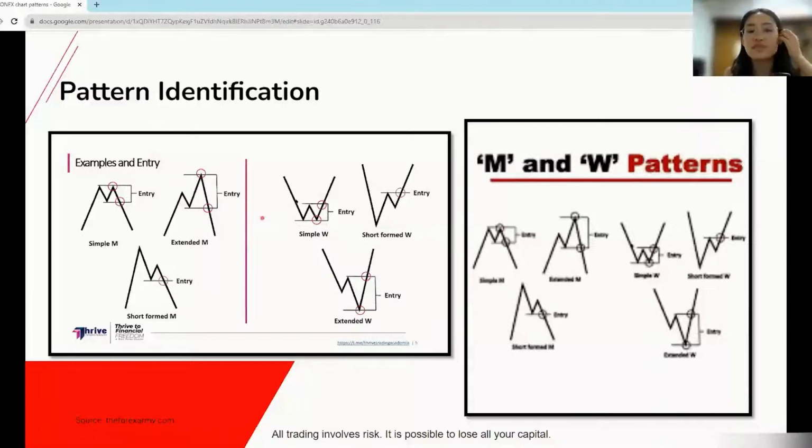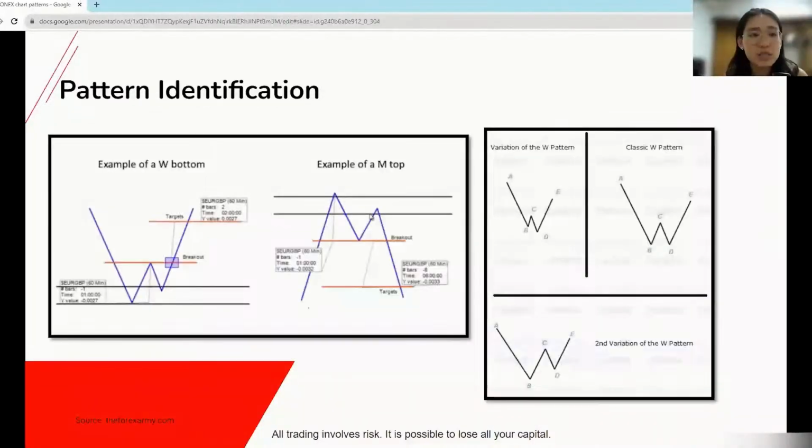Okay, we went through a couple of M and W patterns earlier, so I'm just going to move on to show you how to identify some patterns. Here are some variations of our M and W points. The breakout points, as we mentioned earlier, happen once price has broken out of the neckline area.